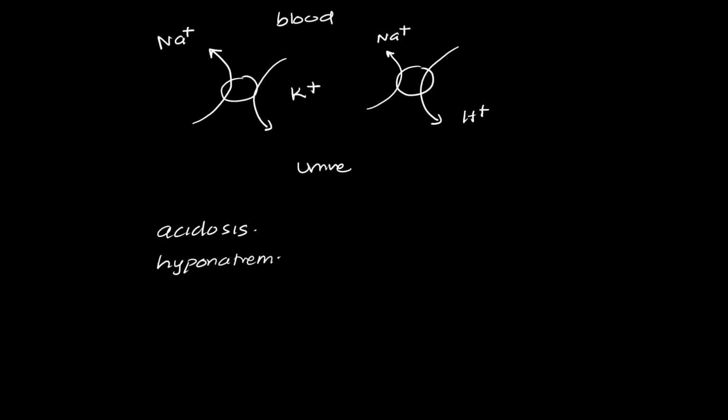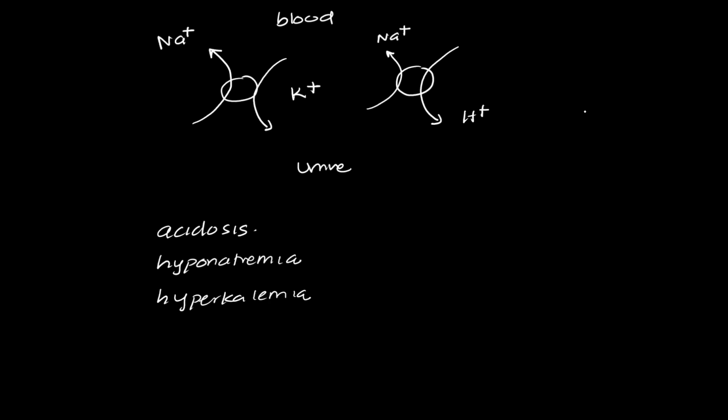And also the potassium levels. What does aldosterone usually do? Aldosterone usually allows the potassium to go out, or allows secretion of potassium. So this does not happen, therefore there will be retention of potassium, so hyperkalemia. Now what do the tubules do in respect to the hyponatremia?